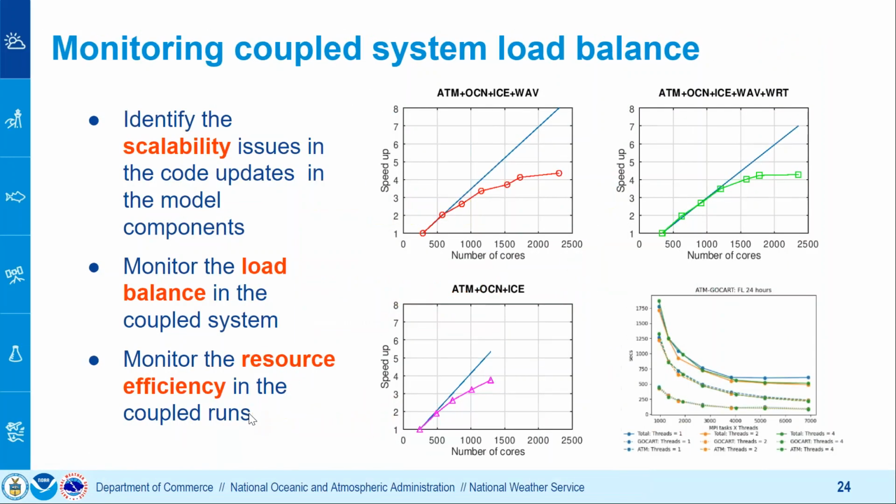We have been constantly monitoring the coupled system load balance. As you see, if you are running an experiment without load balance, or run the model in an inefficient way, you need lots of resources, and it doesn't guarantee you will get a faster turnaround time. So some work has been done to identify scalability issues in the code updates. As you see, people are making science or technical updates all the time.